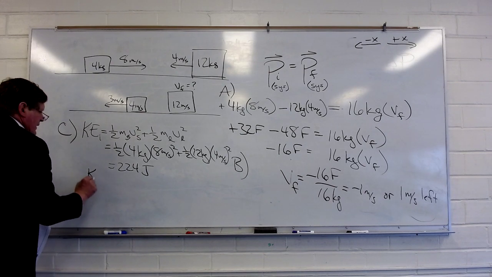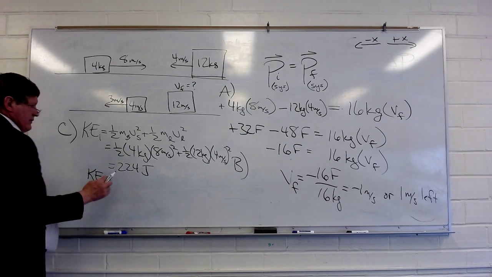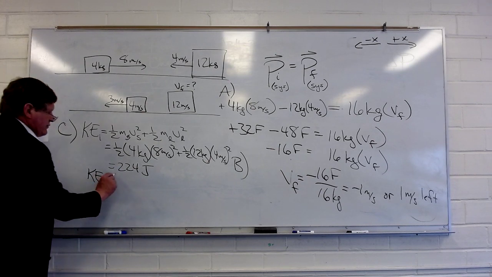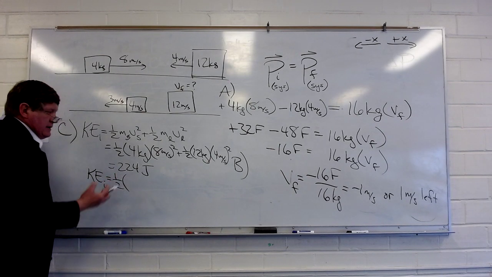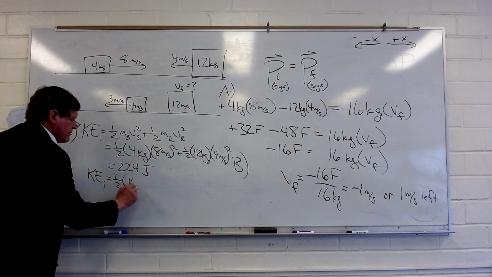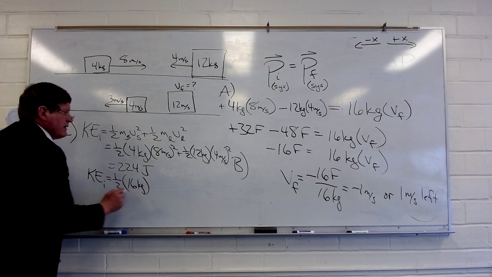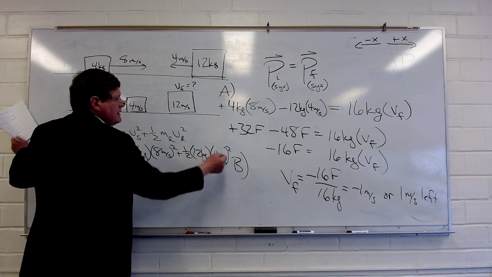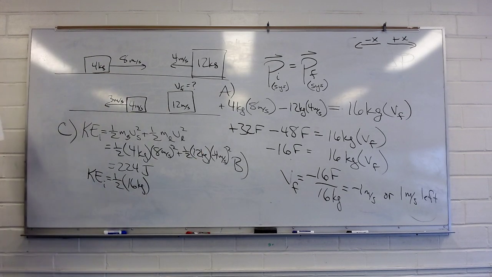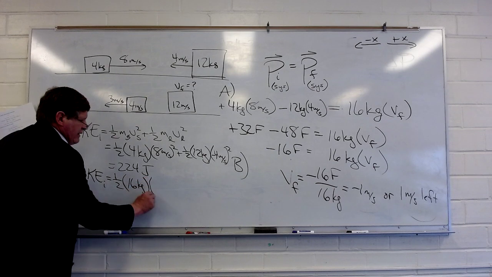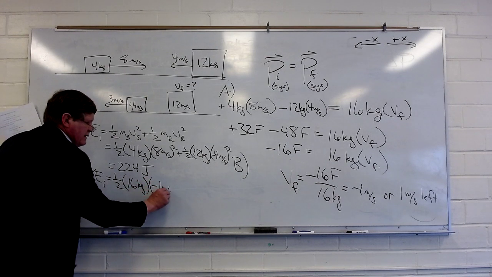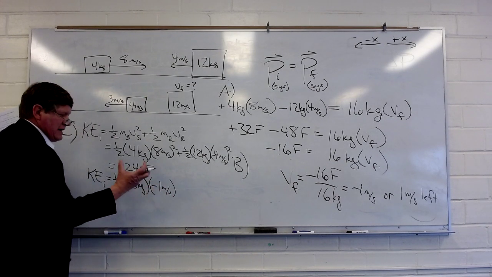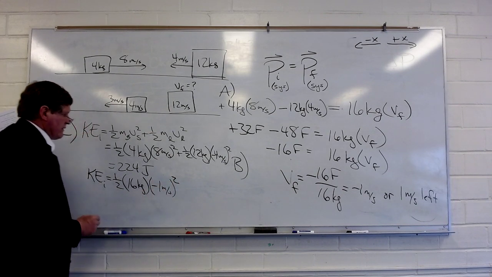Now the final kinetic energy, since they're all moving together, I can treat them as just one combined mass of 16 kilograms. Notice that I didn't put the minus sign in here because I was going to square it, so it didn't really matter. Same thing here. I could put the minus sign here for the velocity of the combined mass, but I'm going to square that.